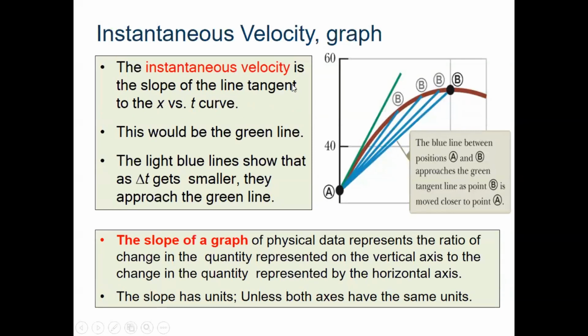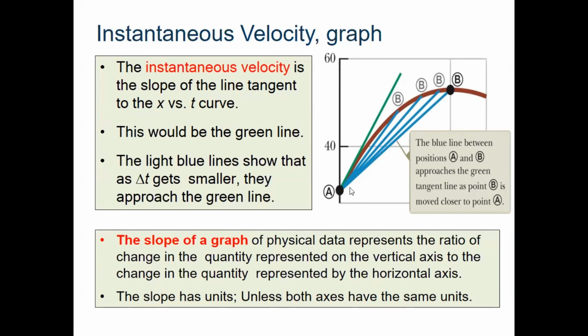Here we show the instantaneous velocity as the slope of the tangent line on this type of graph, which is telling us the distance on one side and the time on the other side.